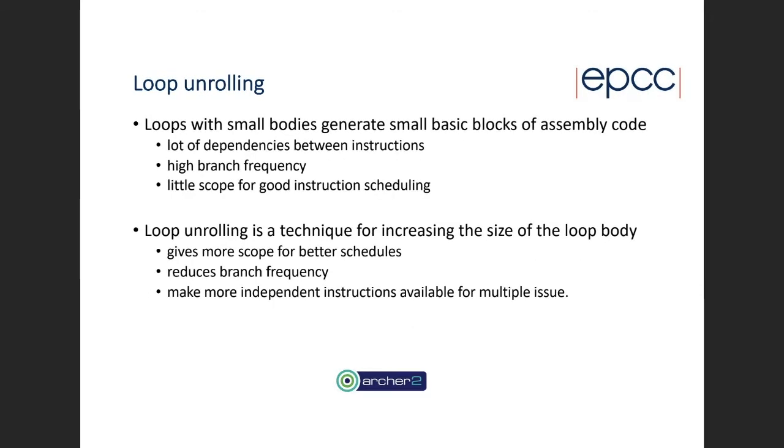So what's the problem that the compiler is trying to solve here? This is basically loops with small bodies. If your loop contains not very much code inside it, maybe a single statement with just a couple of floating point operations, for example, as an extreme example, then when that block of code gets compiled, it produces a really small block of assembly code.